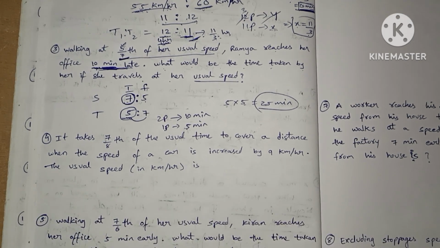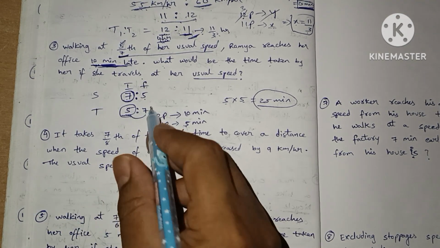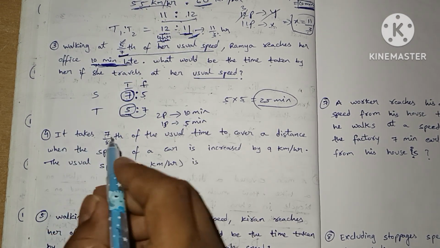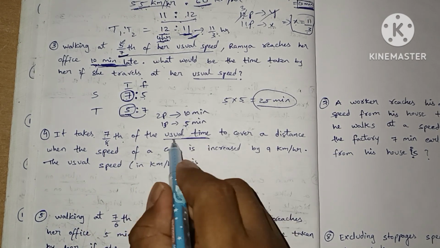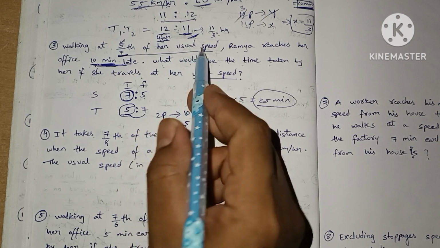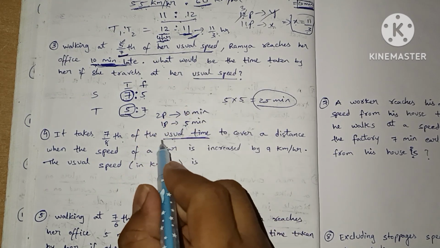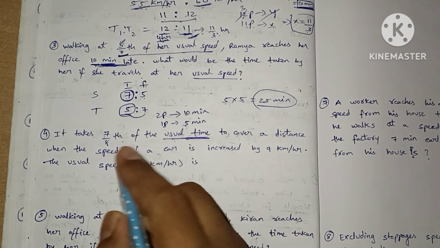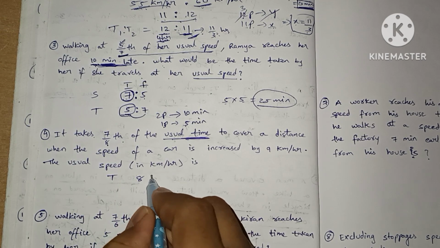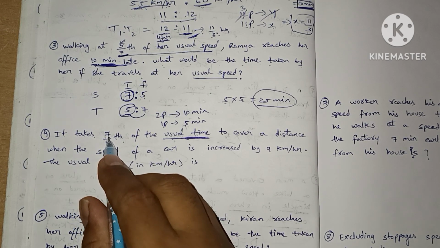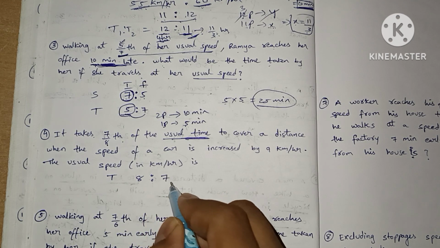Let's see one more question related to this concept. It takes 7 by 8 of the usual time. It is related to time. In the previous question it was related to speed; here it is time. So the time ratio is initially 8, now after that it is 7 parts.